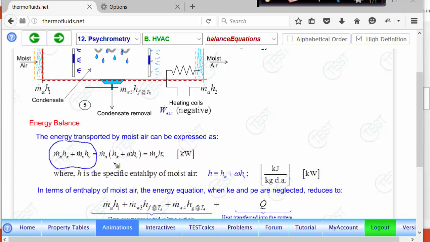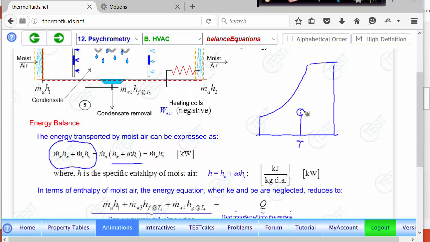So this quantity, if you notice, HA is the enthalpy of dry air, and HV can be looked up from the steam table. So therefore, in a psychrometric chart, suppose I have a psychrometric chart, and for any given state, we know the temperature.